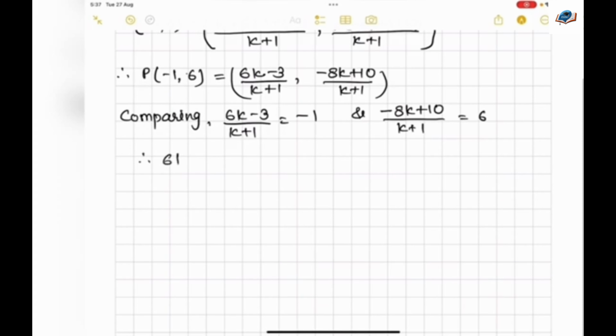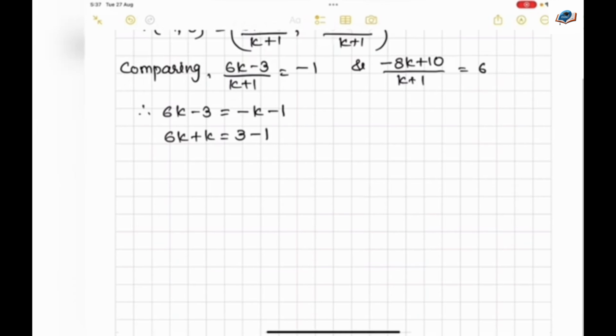Therefore, 6k minus 3 equal to minus k minus 1. So 6k plus k equal to 3 minus 1. So I can say 7k equal to 2. So k equal to 2 by 7.